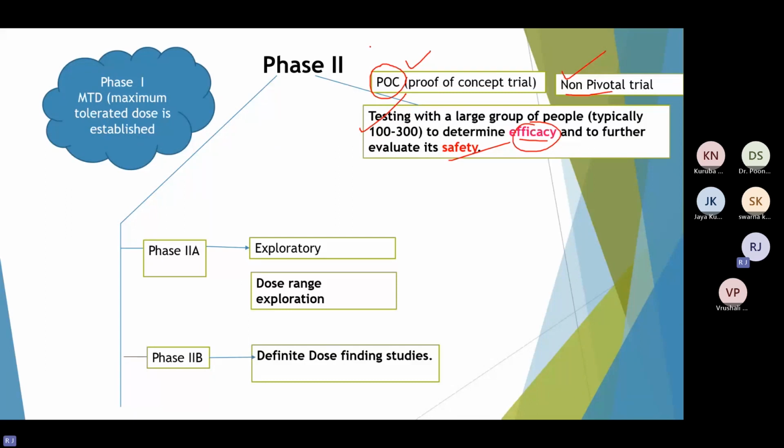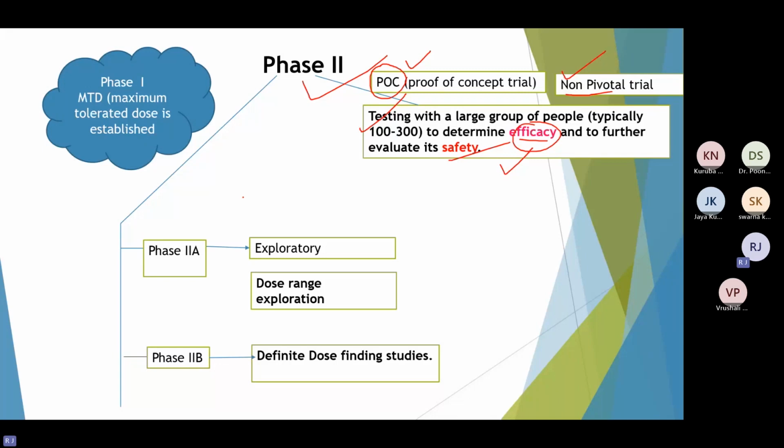Based on the phase 2 data, any sponsor companies cannot sell the drug in the market. That's why it's called non-pivotal trial, and it is also called proof of concept trial. Everybody is clear, right? Because this is the first time we are going to test the efficacy. Always remember this, very important.